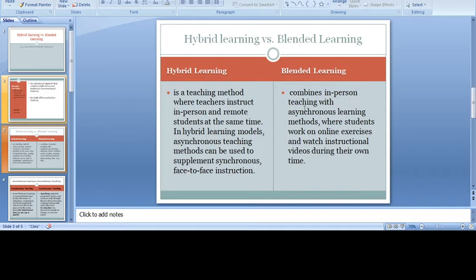For example, it combines in-person teaching with asynchronous learning methods. There are two, synchronous and asynchronous learning methods. I'll tell you the difference in an upcoming video, but today we will discuss the asynchronous learning method, where students work online, do exercises and watch instructional videos during their own time.